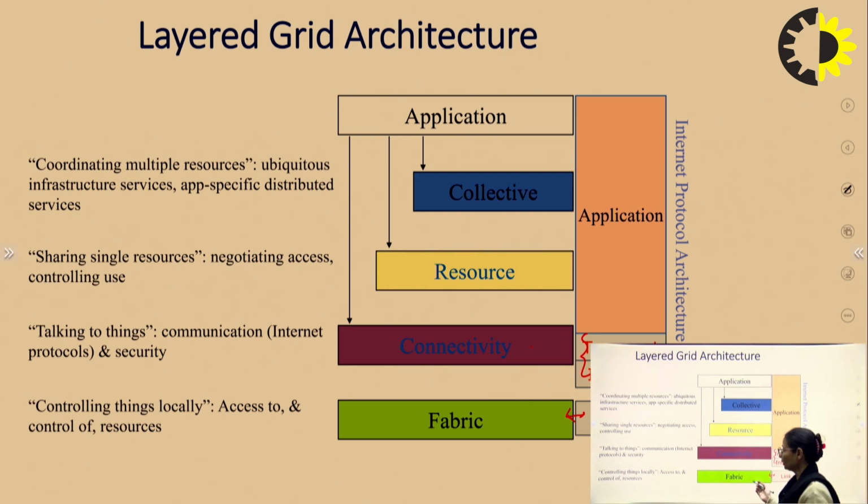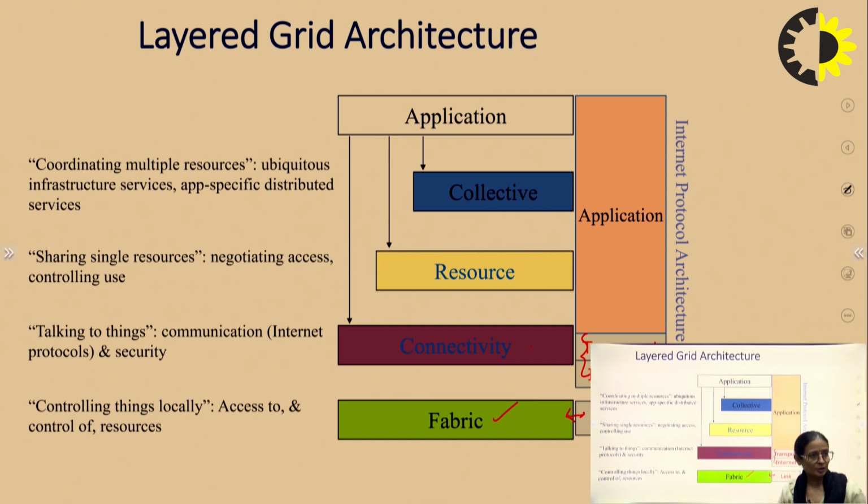So basically what the fabric layer does is control things locally, that is, access to and control of the resources, all the controlling part, how you allocate the resources. All these things are handled by the fabric layer. The connectivity layer is basically responsible for talking to things, that is, my devices.